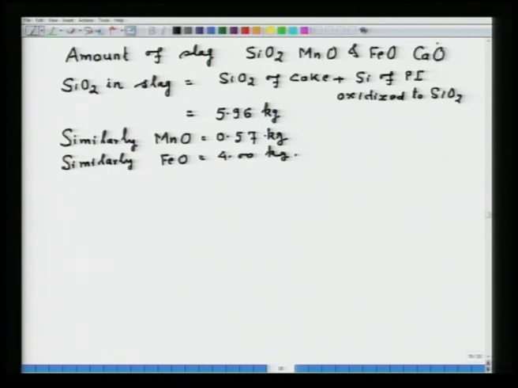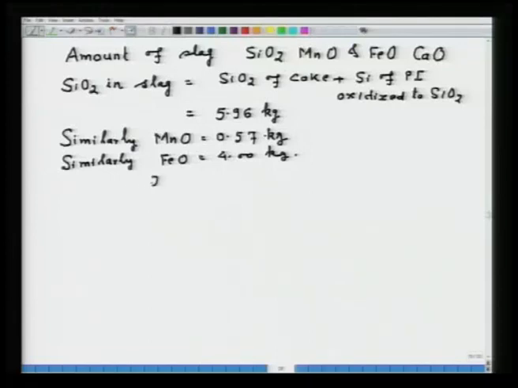because if you read the problem, it says that the slag contains 30% of calcium oxide. Now, if you consider X being the amount of slag, then 70% consists of SiO2, MnO and FeO, because 30% is calcium oxide.